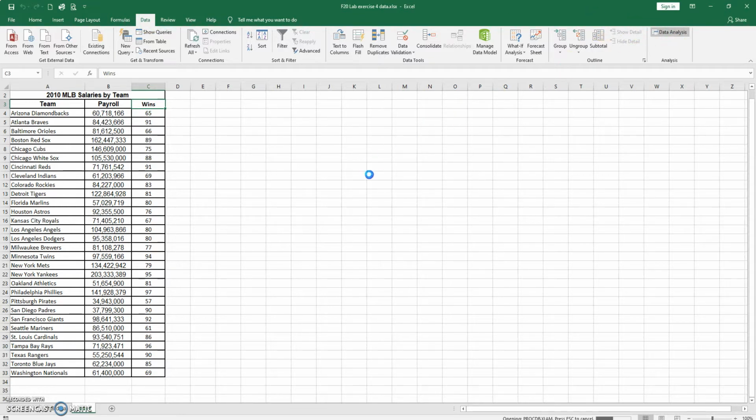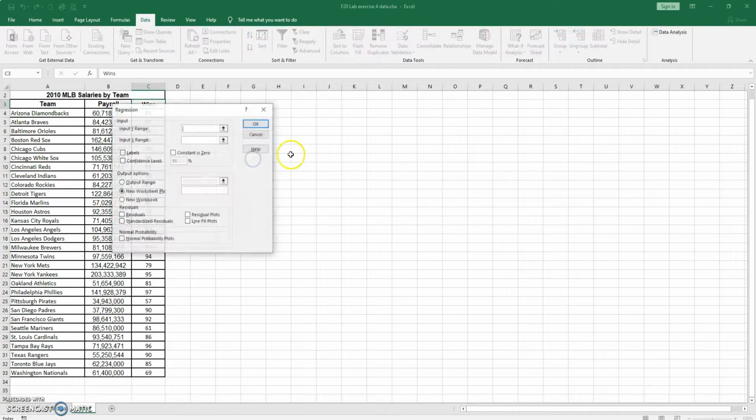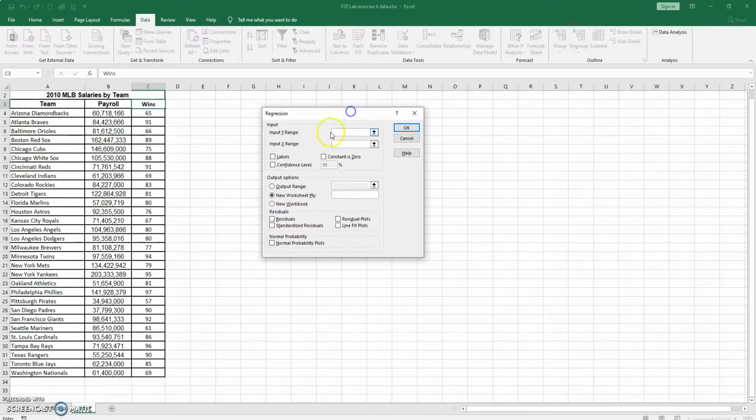Click on Data Analysis, and in time we will get this pop-up window. We want to move this down until we get to Regression. Click OK. In simple linear regression, we have two variables.